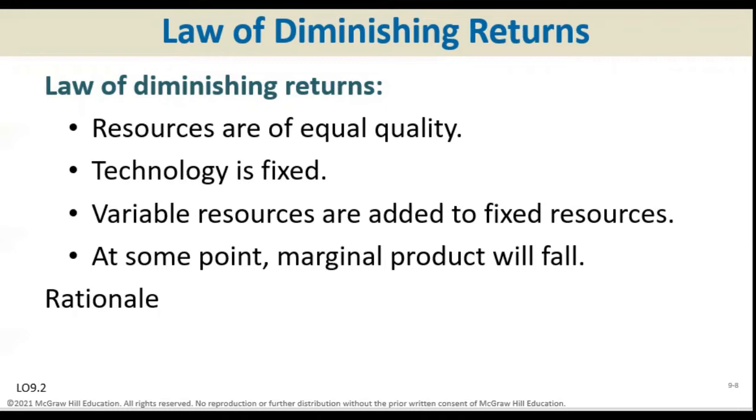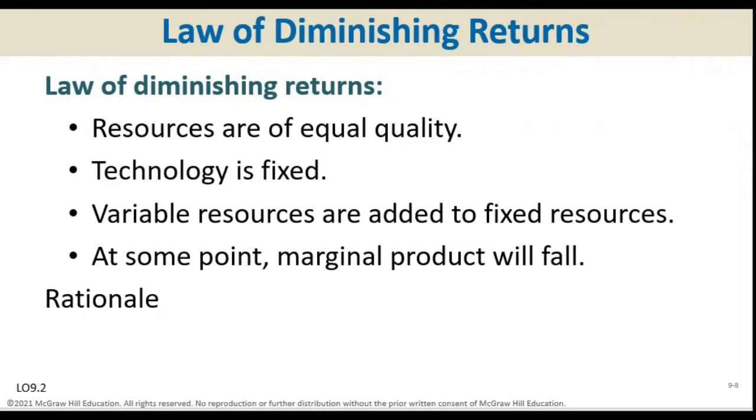So you will sense that overuse, and the labor has to wait. People have to wait in line to be able to use necessary equipment, because you add more labor to fixed capital or other fixed resources. Now those laborers have to wait to use the equipment, and that impacts productivity.